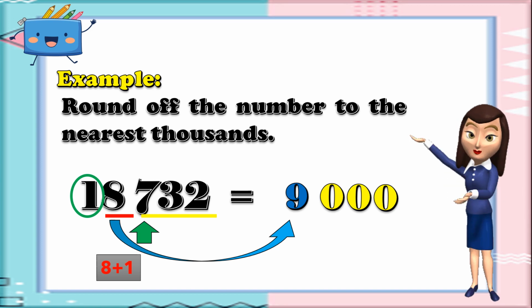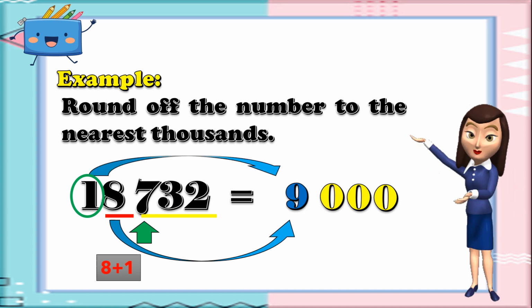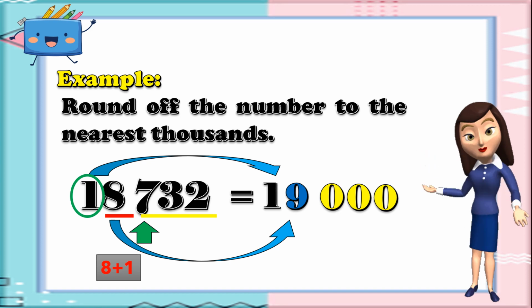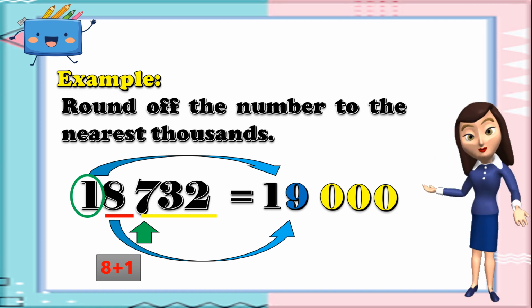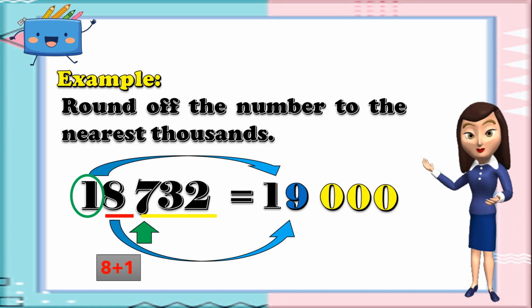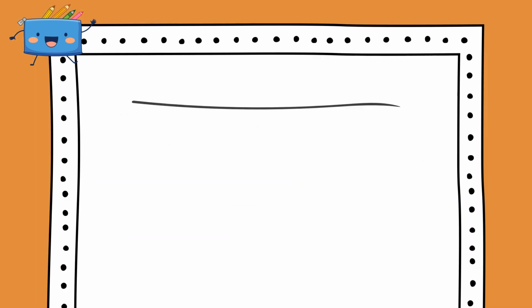So huwag kakalimutang isulat din ito sa tabi ng rounding digit. So here it is. So therefore, 18,732 rounded to the nearest thousand, and the answer is 19,000. Ngayong alam nyo na kung paano mag-round off, let's try to solve this.